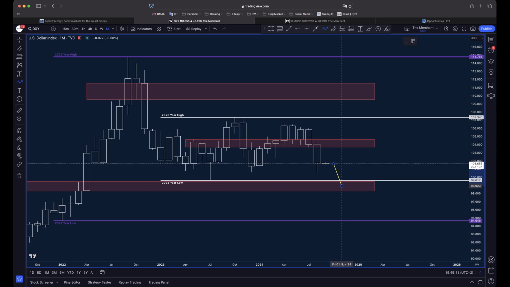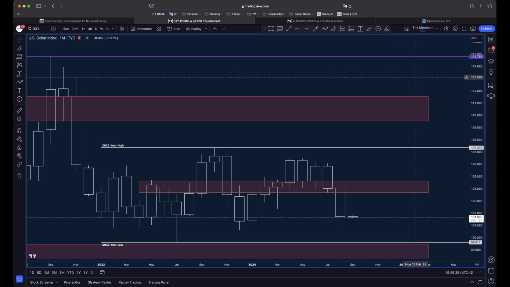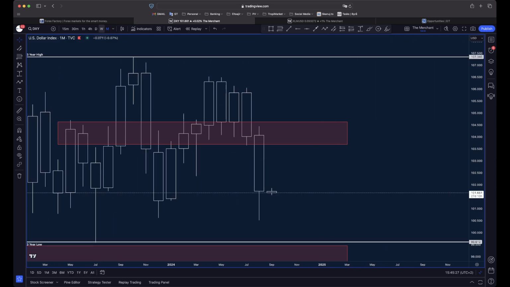And then after the presidential election, especially if we see Trump winning, probably by the end of this year and next year we will see price moving toward this zone. But it's just a maybe and too early to say anything about it right now.